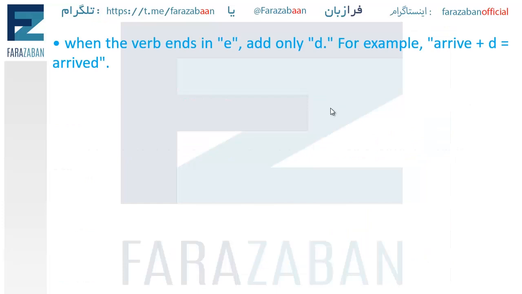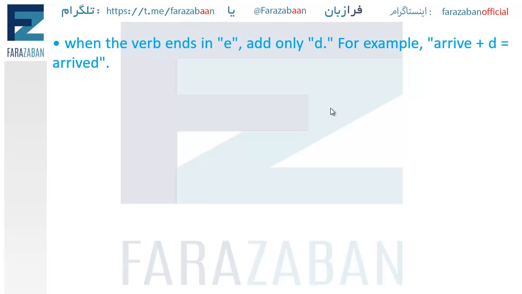Okay. Well, let's go to some very important points. When you want to add ed to your verbs, when the verb ends in e, add only d. For example, arrive plus d, arrived.